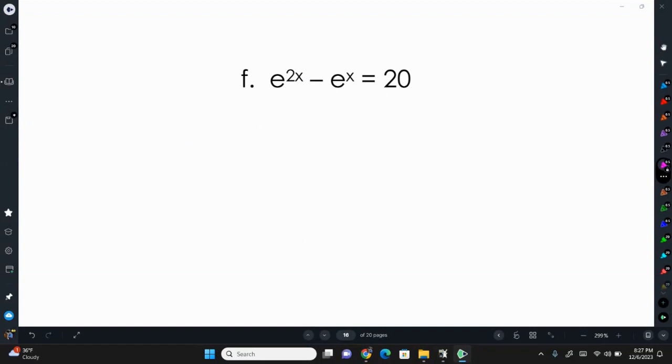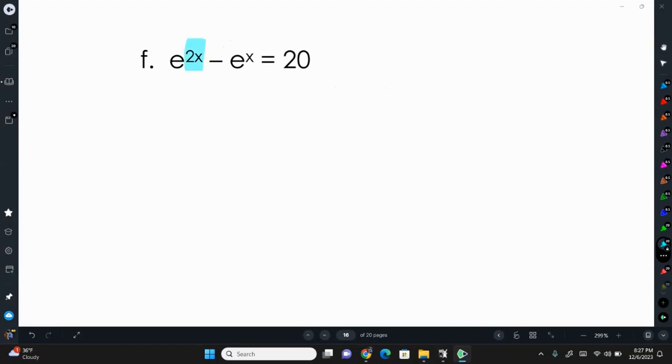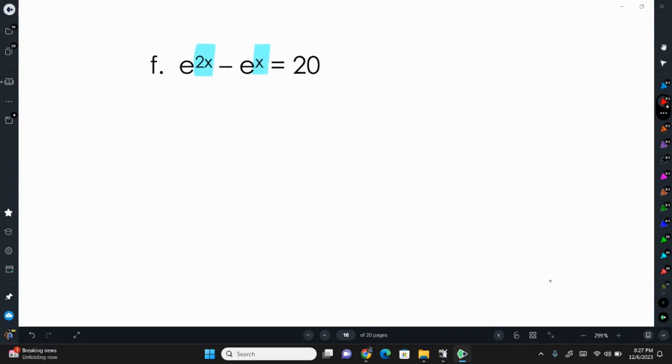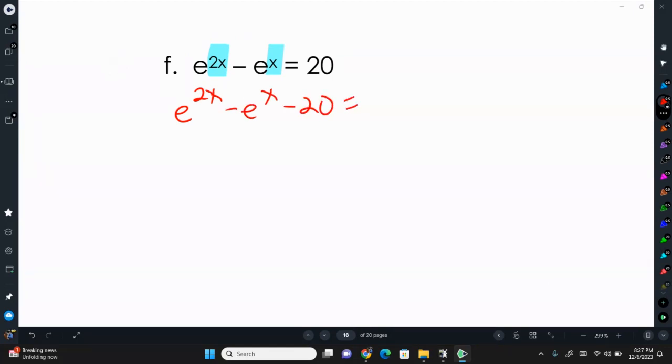All right, now the last one before we work on some word problems is another one that's in quadratic form. So anytime you see e to the 2x minus e to the x, that's a sign that it's quadratic form. So you're going to want to remember our factoring techniques. So let's subtract 20 from both sides. So we get e to the 2x minus e to the x minus 20 equals 0.